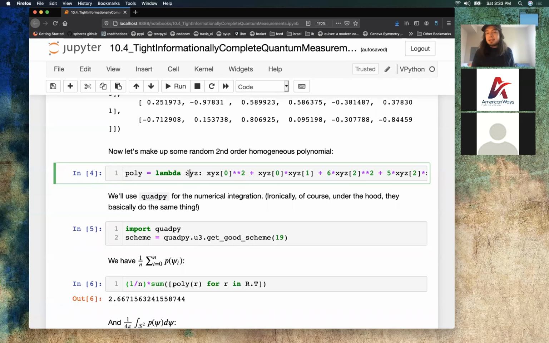This takes a little vector, like XYZ, as input. And we have x squared plus x times y times 6, whatever, z squared plus 5z times x plus y squared or whatever. Homogeneous, recall, means just that all the terms have the same order.